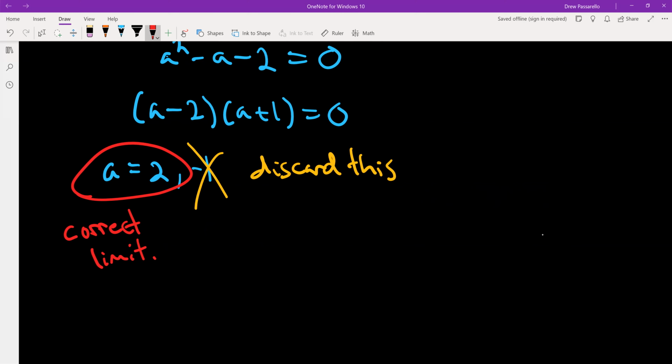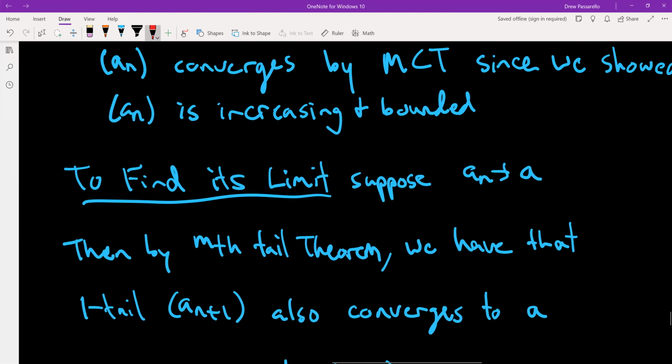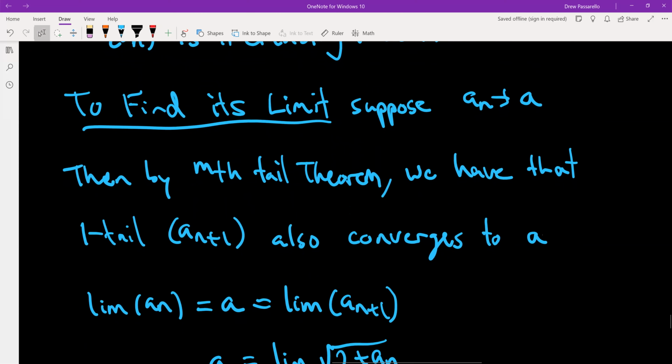This is part B to problem 10. And so essentially, it was a recursive sequence, and I showed it was monotone and bounded. And then I calculated its limit using this Tail Theorem. Specifically, I used the one tail.